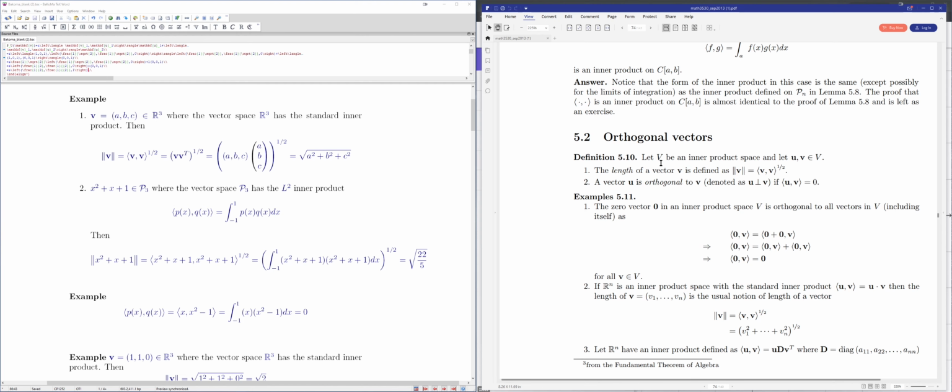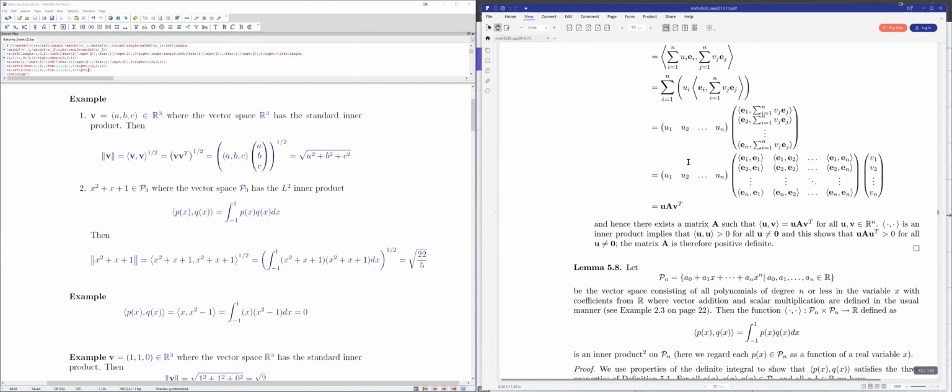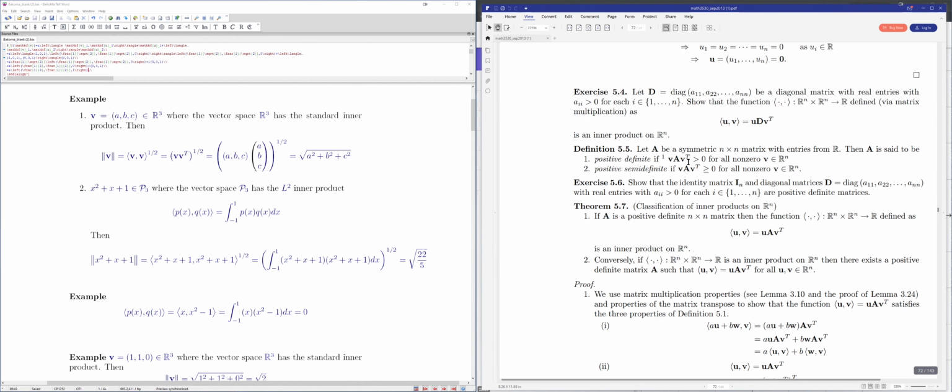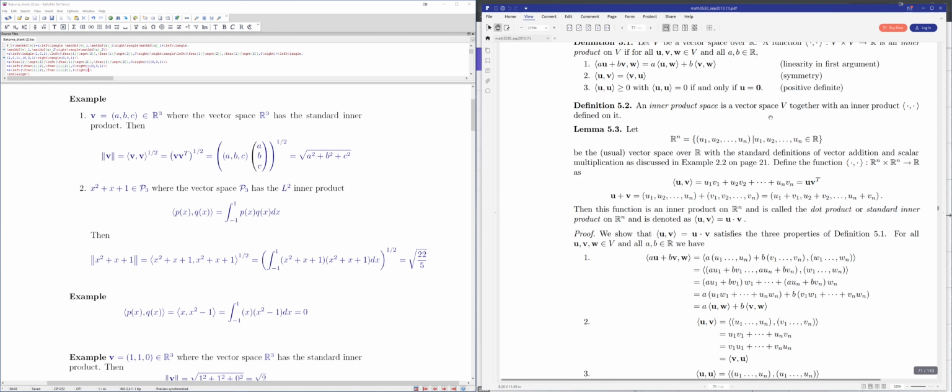If I have an inner product space, what an inner product space is, is a vector space together with some inner product. For example, Rn with the standard inner product on it is an example of an inner product space.